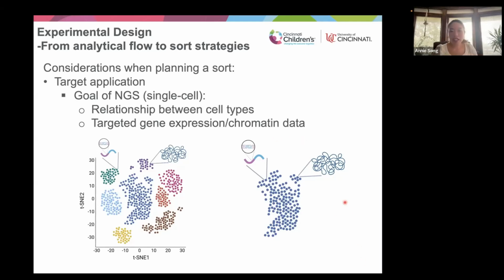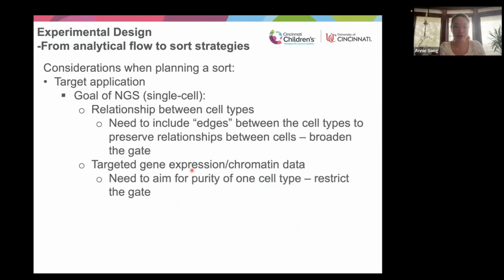But for targeted gene expression or chromatin data mining, you want to make sure that the sort is as pure as possible, so it's very focused. So I would say a lot of times we say that you have to think to the end of the experiment and think about what the goal of doing this is before we come up with either a purification or enrichment strategy for the sort.